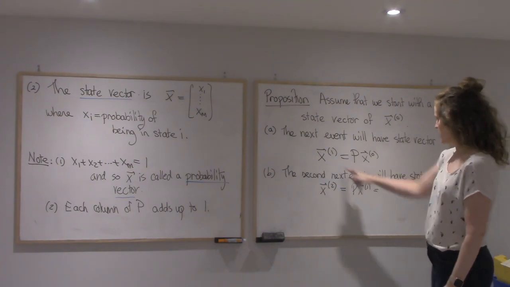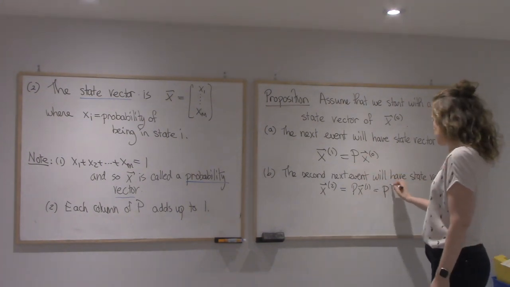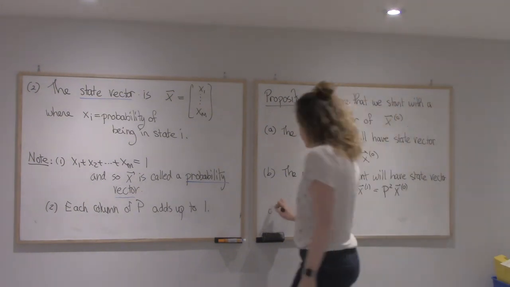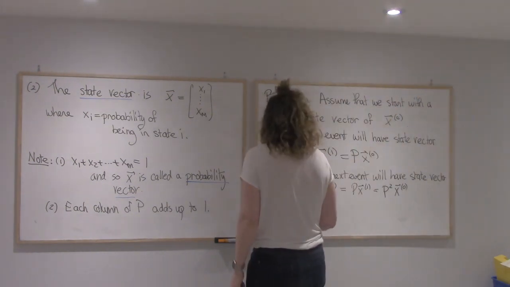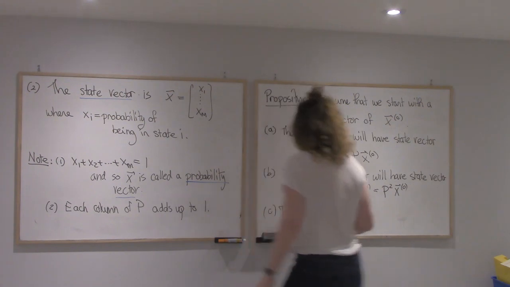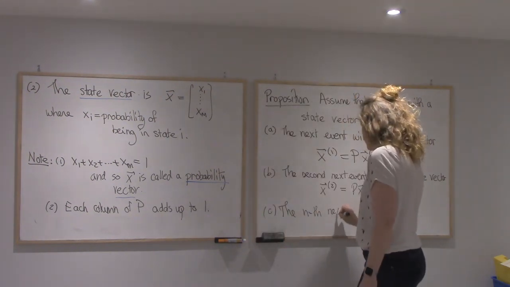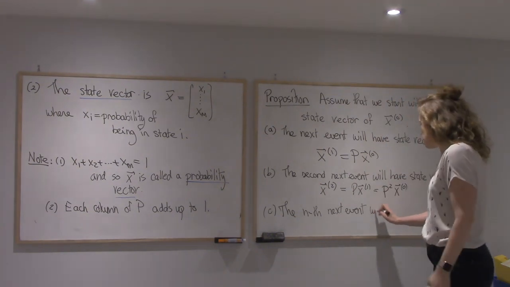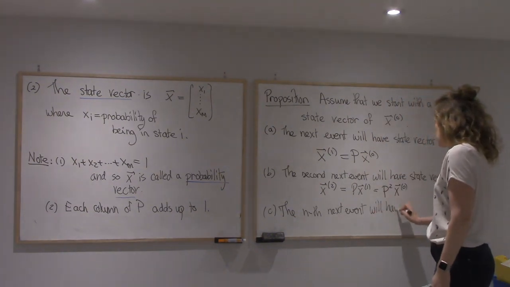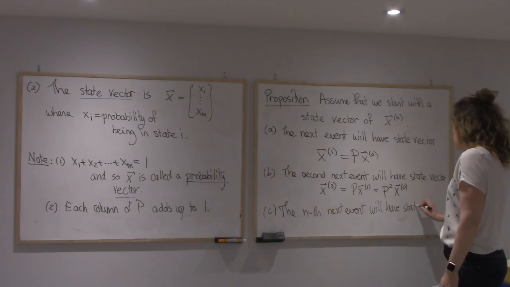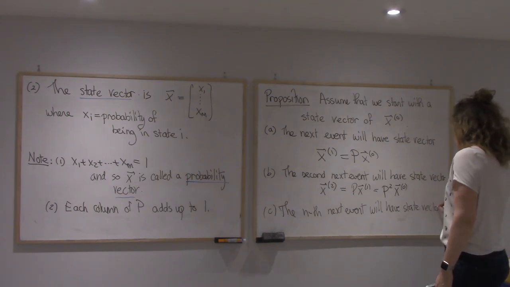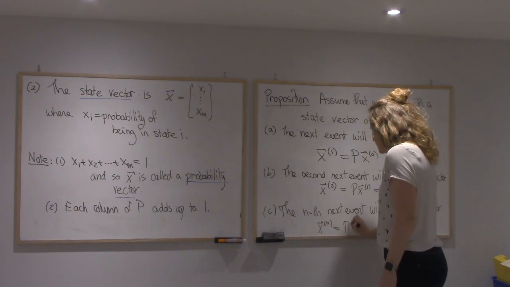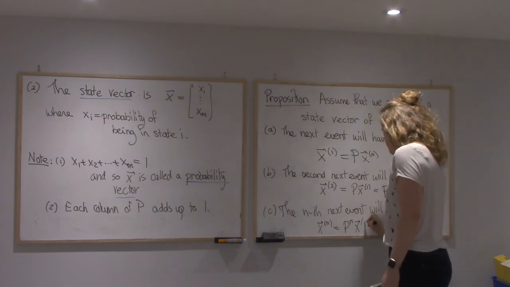And if I replace x1 by this, I'll get P squared of x0. And finally, the nth next event. So in n events from now, we'll have state vector xn, which is P to the n x0.